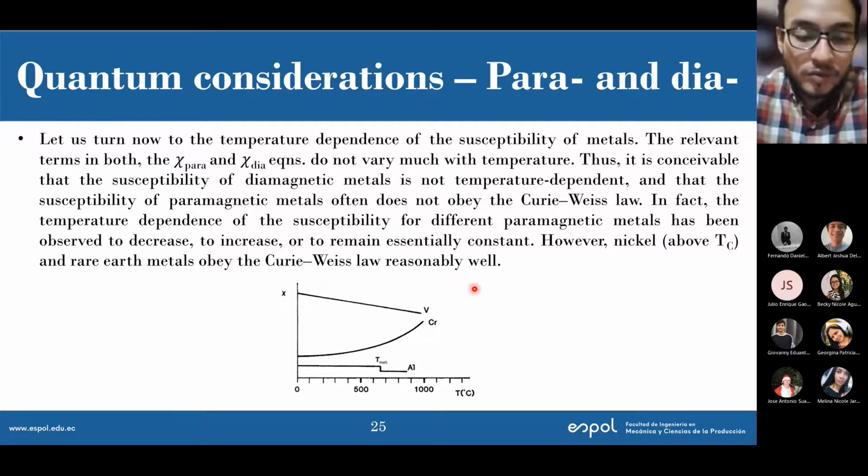They do obey the Curie-Weiss law above the Curie temperature, so once they become paramagnetic, right? But other metals do not, and there's not a clear relationship between susceptibility and temperature. But in general, most metals definitely do not change their diamagnetic behavior with temperature. Okay.